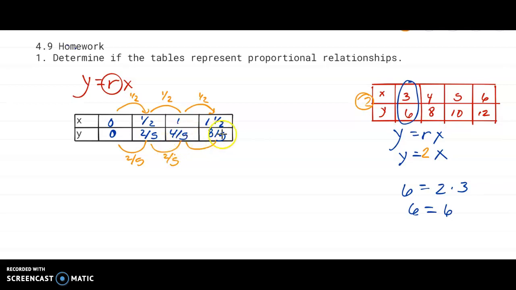I went from 4/5 to 8/5, so I actually increased 4/5 here. So this is not proportional because I'm increasing by an equal amount in my x numbers, but I'm not increasing by an equal amount in my y numbers. So this is not proportional.